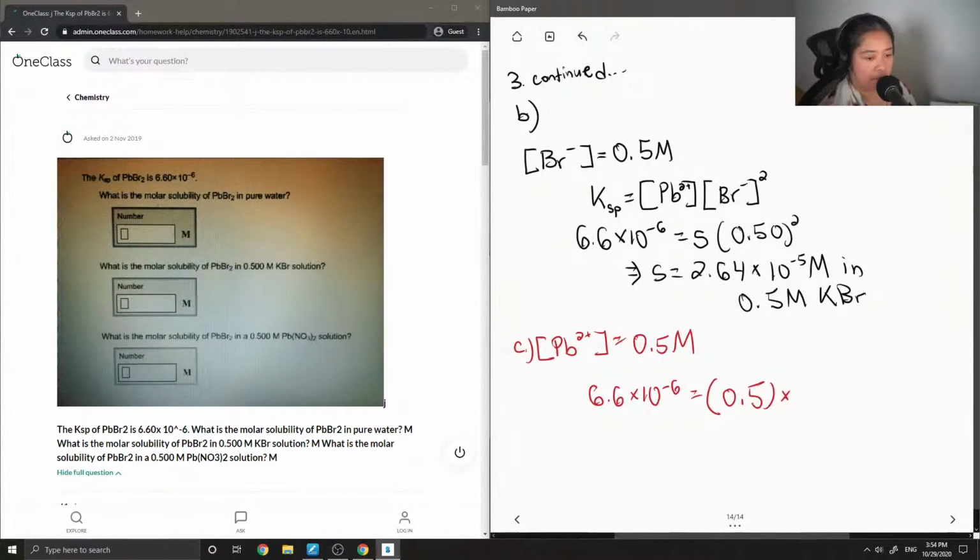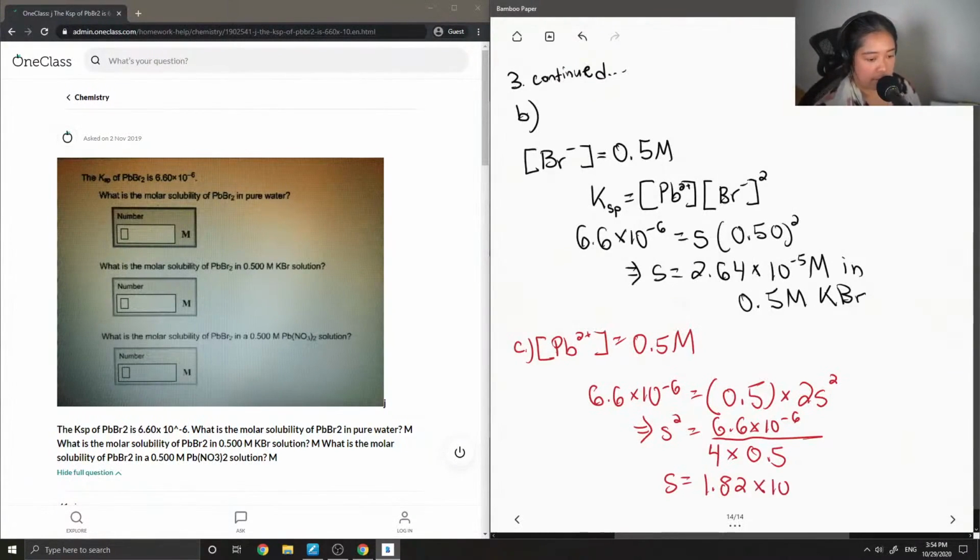And then this is going to be multiplied by 2S squared. And now we just solve for S. S squared is equal to 6.6 times 10 to the negative 6 divided by 4 times 0.5. And then S is calculated to be 1.82 times 10 to the negative 3, and this is in 0.5 M lead nitrate.